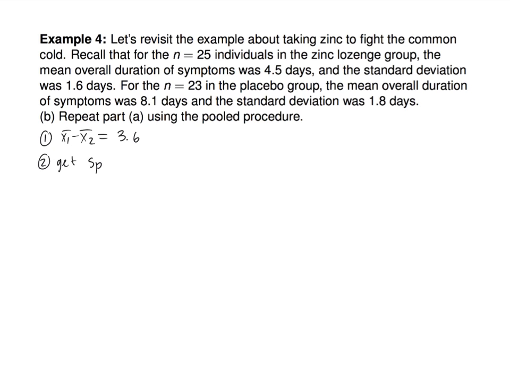The formula for that, which I know you're not going to memorize, nor do I want you to, is n1 minus 1 times s1 squared, plus n2 minus 1 times s2 squared, over n1 plus n2 minus 2.